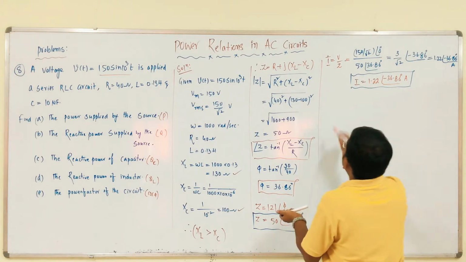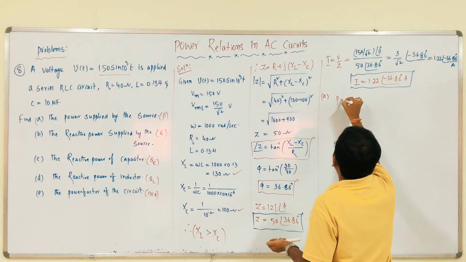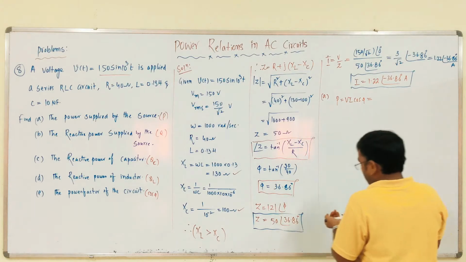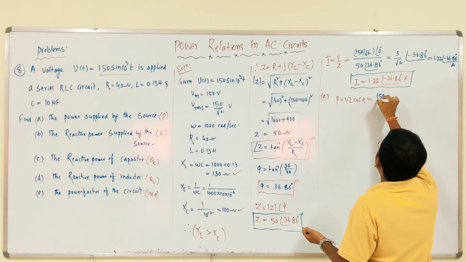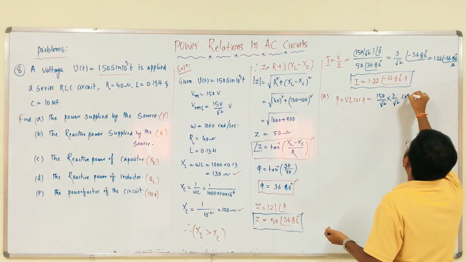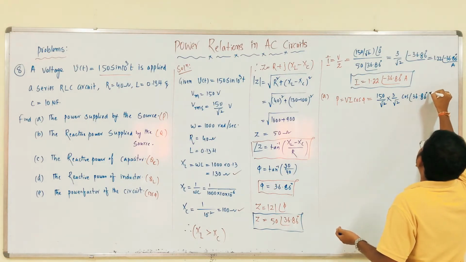Then we have to calculate the first one, the power supplied by the source. P equals VI cos phi. What is the value of V? Vrms, 150 by root 2, into 3 by root 2, cos of 36.86 degrees.